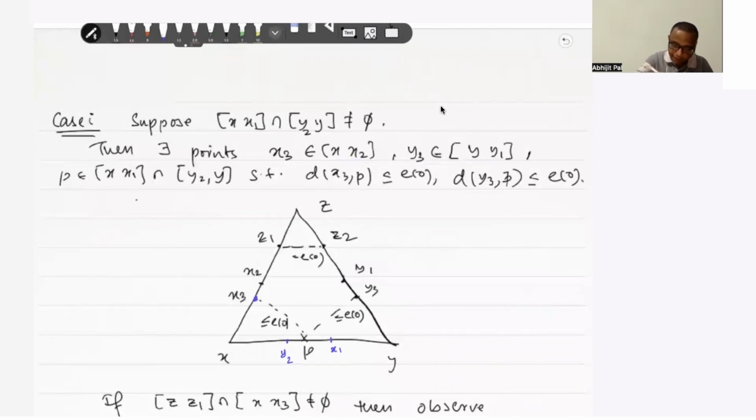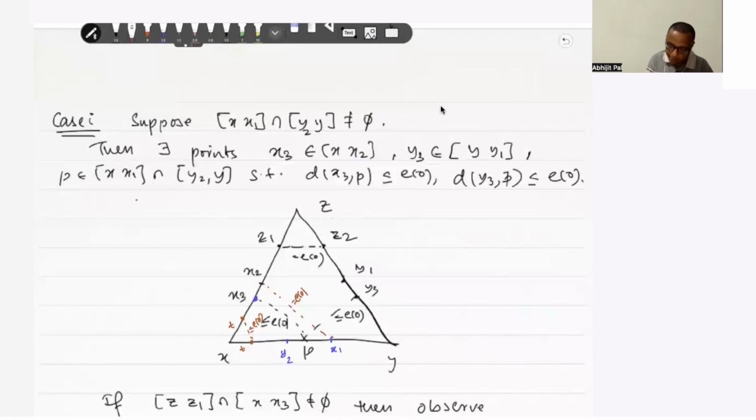So note that the distance between x1 and x2 is exactly equal to E naught. And if I take any point here at a distance t, and take a point on this geodesic at a distance t, this distance is less than or equal to E naught. Therefore, for this point P, I'll get a point x3 such that the distance between P and x3 is less than or equal to E naught.